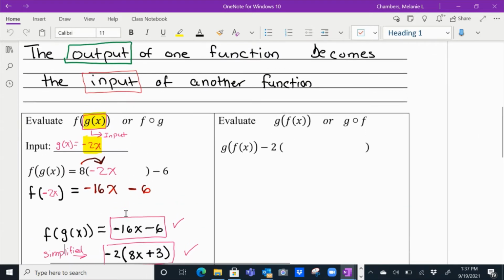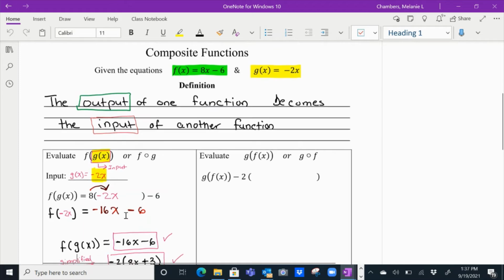Alright, so let's do the second one where we will evaluate g of f of x. And in this case, f is going to be our input because it is on the inside in our notation. And if we look at it in the second way to write it, it is the second letter. So we're going to put the f equation inside the g equation.